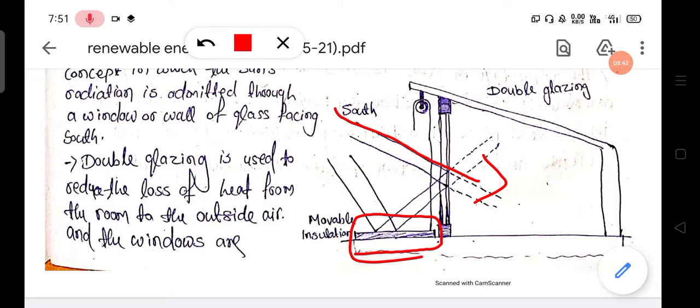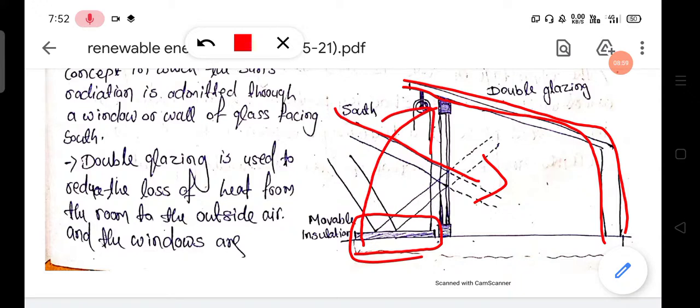When in night time, to prevent heat losses, we double glazed our wall, and we use an insulator which moves upward to cover the glass surface of window and door, to prevent the loss, or to store the heat during night. This is the concept behind the direct gain building concept.